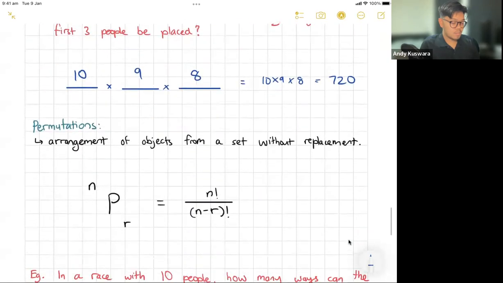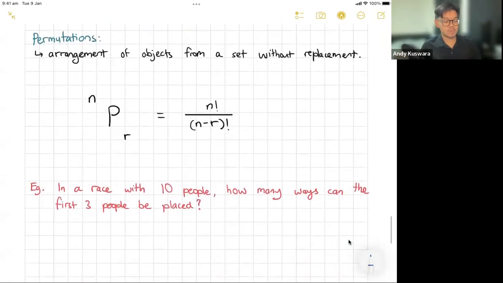Now, permutations is where we get more specific and start talking about ordering a set, and it's without replacement. That means, like in a race, whoever places first can't also place second. So a permutation is an arrangement of objects and you can't repeat anything. No repetition.